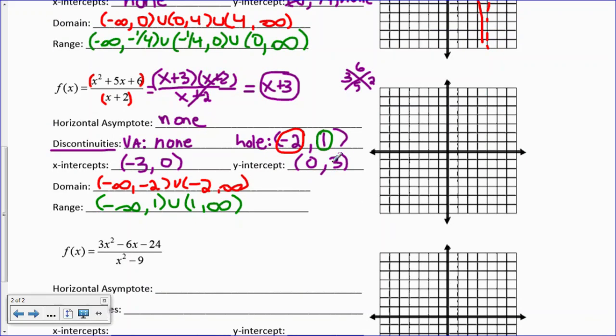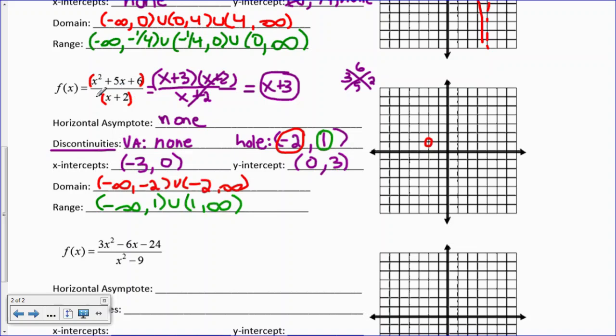All right, I'm going to graph the vertical, oh, sorry, there is no vertical asymptote and there is no horizontal asymptote, so there's nothing to graph in those pieces of the graph, but there is a hole. So I'm going to go to negative 2, 1, and there's going to be a hole right here. So I draw a little open circle around the hole. You're going to notice in your calculator when you graph it that it's just a line.